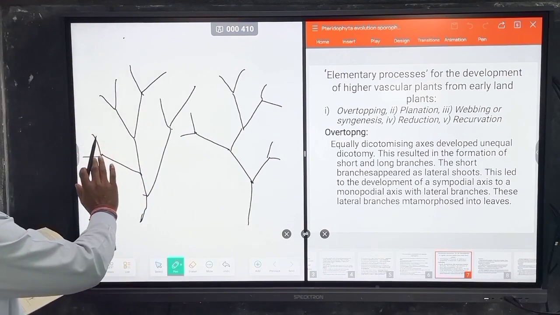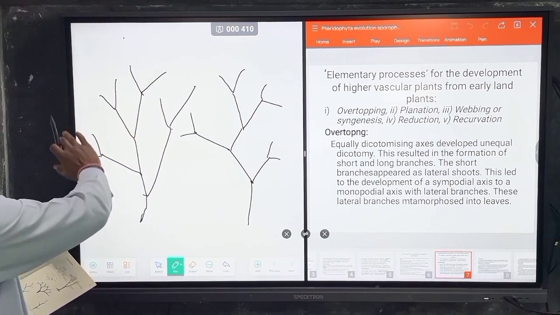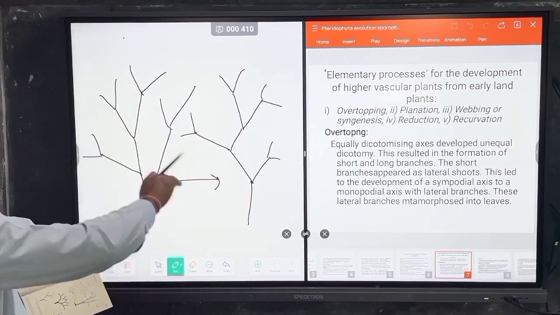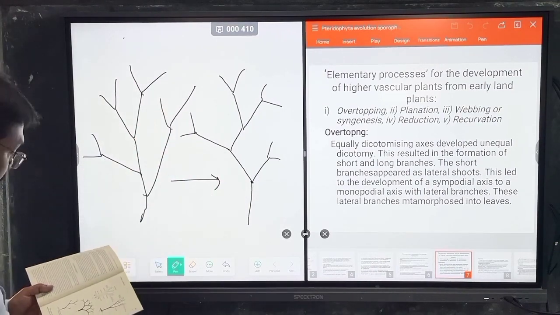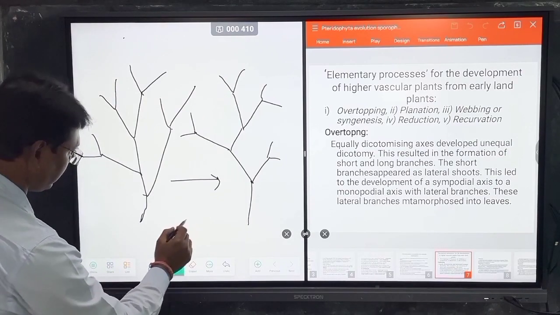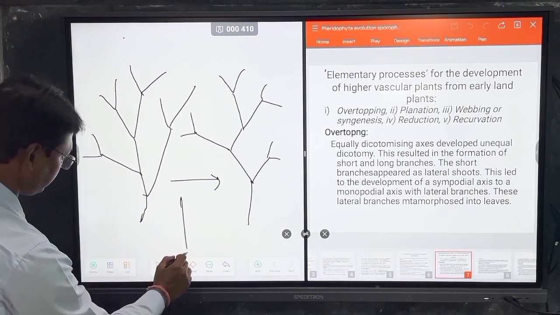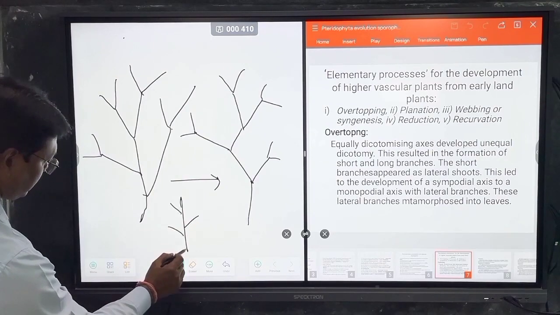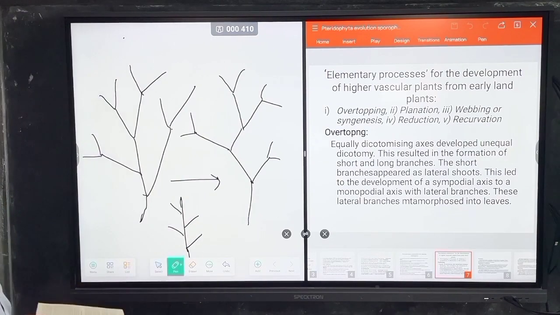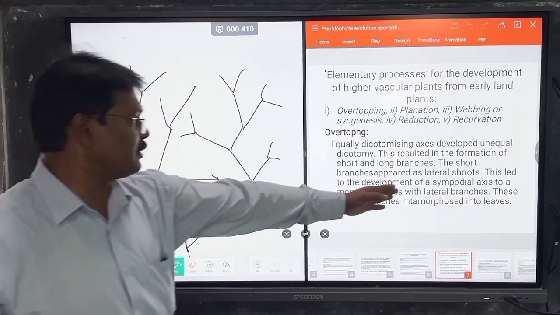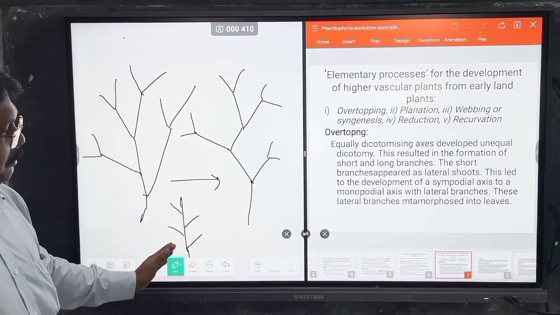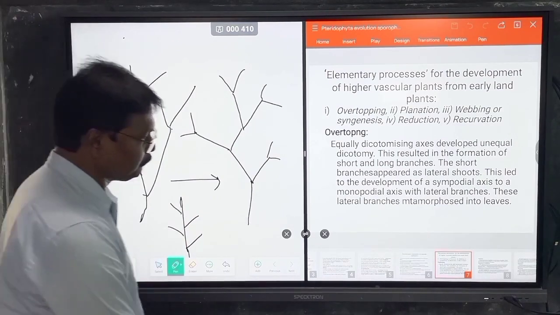So the equally dichotomous axis that is produced becomes unequal, and later it becomes like this. So here actually the sympodial axis ultimately develops into the monopodial axis.